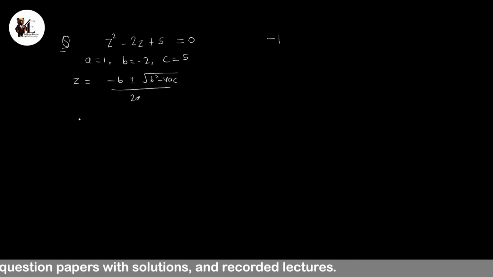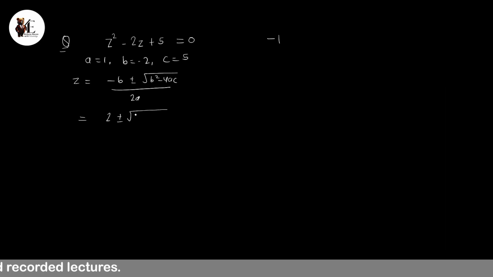So b is negative 2 and there is already a negative sign, so that will make it positive 2 plus minus the square root of b square. Square of negative 2 will be positive 4 minus 4 into a, that is 1, so 4 into 1, that is 4, into c. c is 5, so that will be minus 20, over 2a. a is 1, so 2 into 1, that is 2.